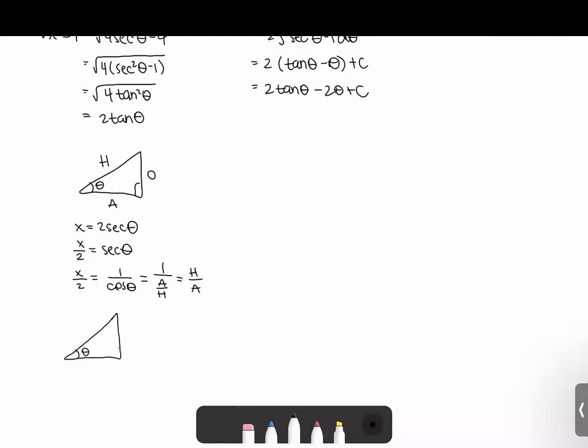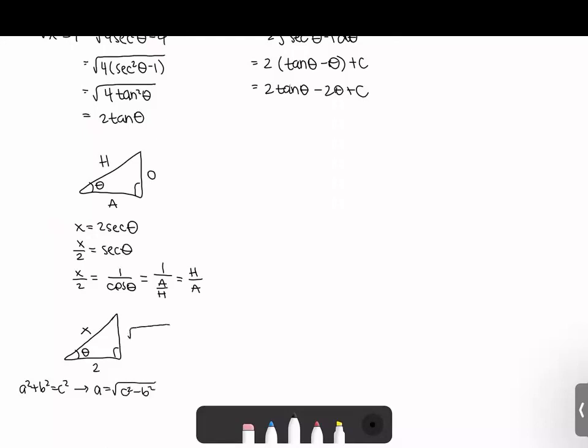So we can use this to make a triangle, where our hypotenuse is x, our adjacent is 2, and then we can use the Pythagorean theorem. So we know that a squared plus b squared equals c squared tells us that if we're just looking for the side a, that's going to be the square root of c squared minus b squared.